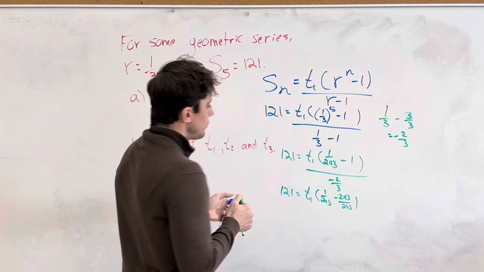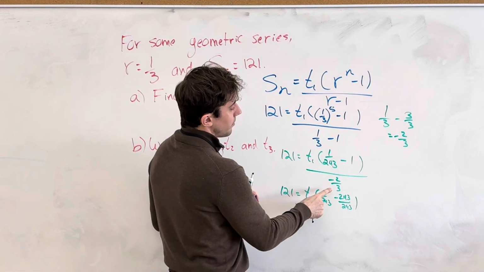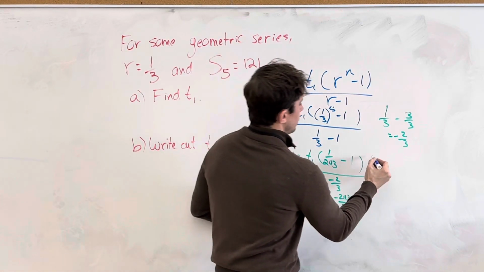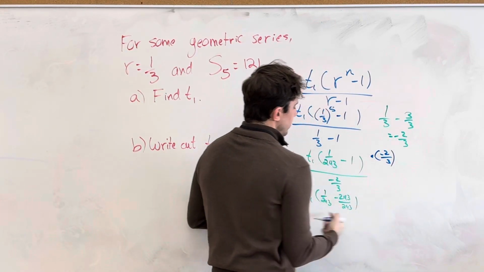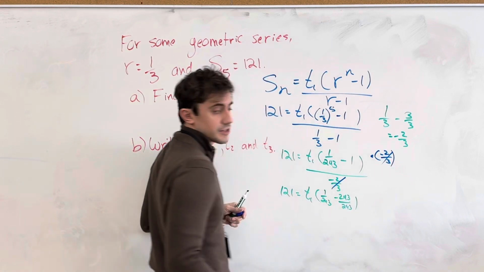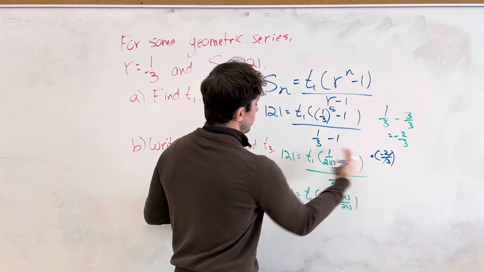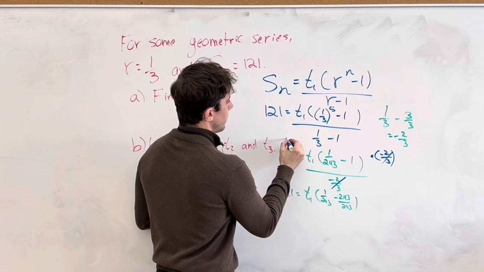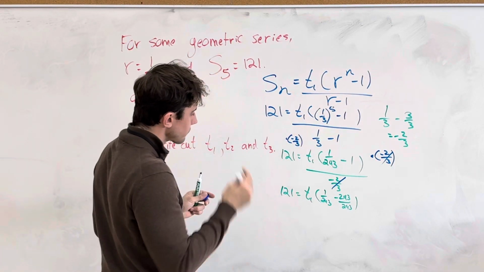Now, one thing we could do to make our life a bit easier is multiply both sides by negative 2 over 3 to cancel out the denominator completely. We want to get rid of it in the end anyways. So let's multiply both sides by negative 2 over 3.